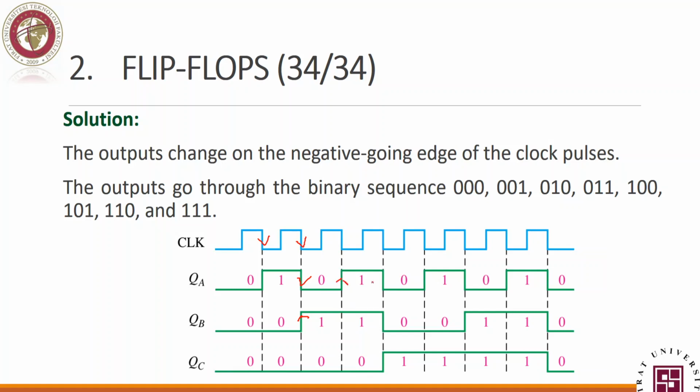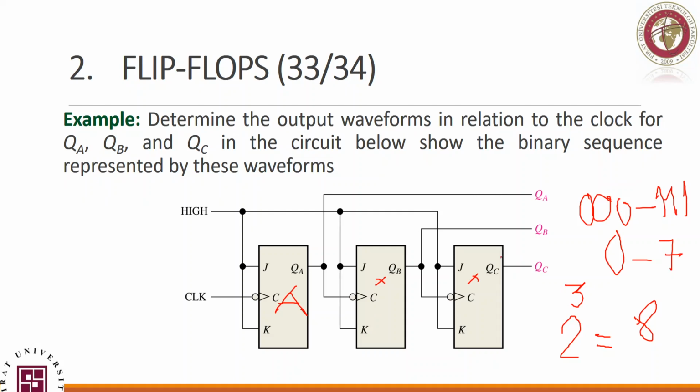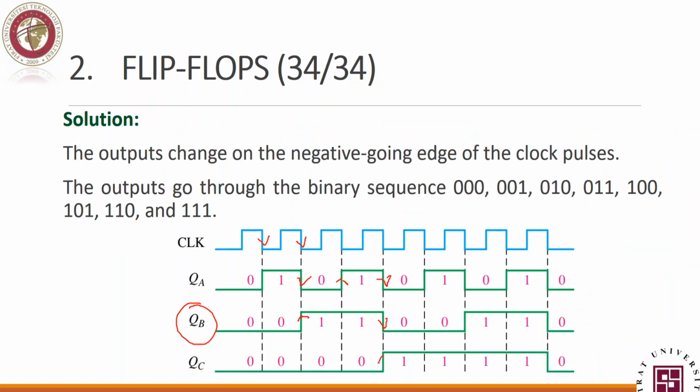It will not change until the next falling edge from 1 to 0. This is the first falling edge of QB, and it will affect C. This is C, this is B. So QC will start going high here. Why? It is toggle. So initially 0, it will go to 1, and it stays until the next falling edge.